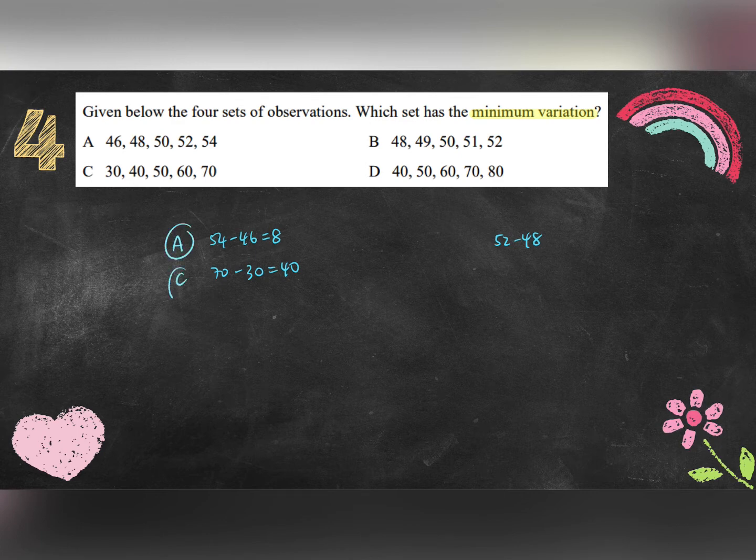And then the answer for C, okay, the answer for D, kita nampak, the answer for B, dia punya perbezaan adalah berapa tadi? 4. And then the answer for D, let's look, 80 minus 40, so kita ada 40. Okay, so these 2 are too big. Okay, so automatic kita akan keluarkan dia, and the smallest one will be B. So the answer adalah B lah. Okay, this one lah yang the correct one. Okay, this one adalah minimum variation.